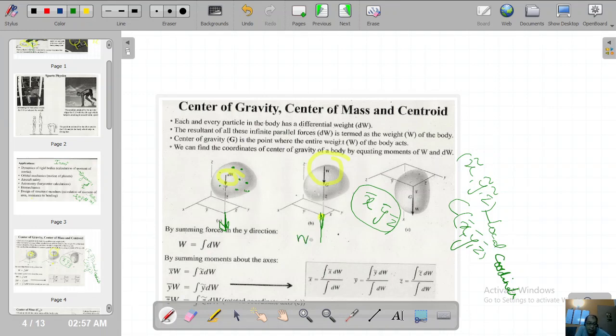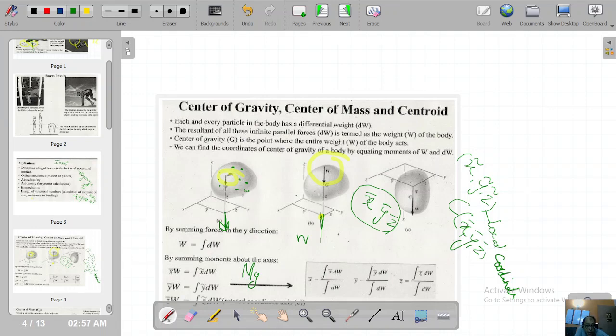Now if we multiply this dW with this x tilde, the dW is along the z-axis and this x tilde is along the x-axis. So with vertical weight dW along the z-axis and moment arm x tilde, we will get the moment about the y-axis.